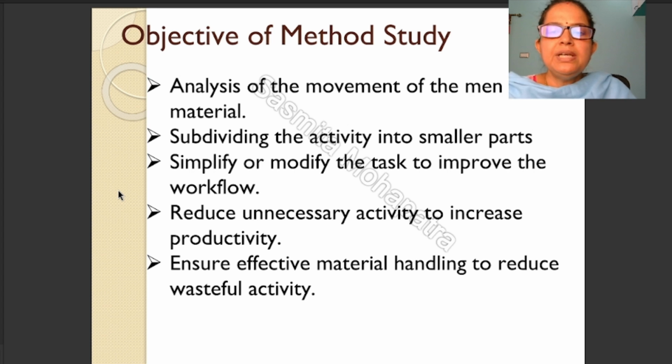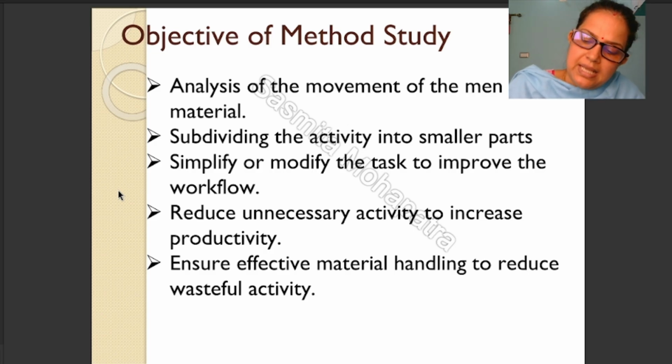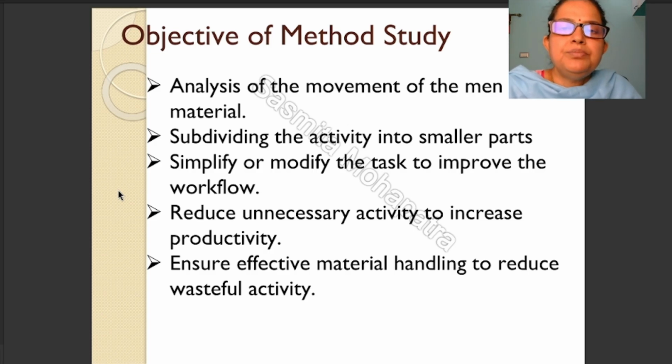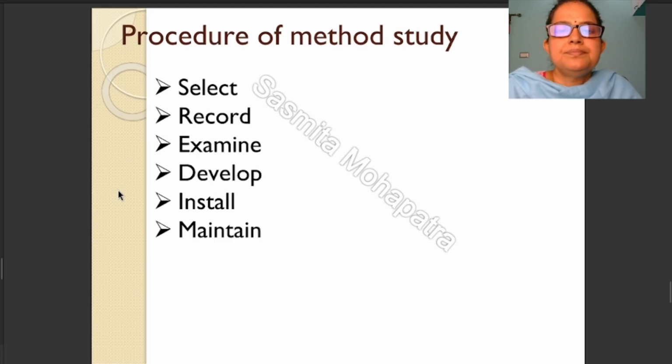Simplify or modify the task to improve the workflow. Reduce unnecessary activities to increase productivity. Then effective material utilization and handling, reducing the wastage of the materials and the activity performed by the workers.